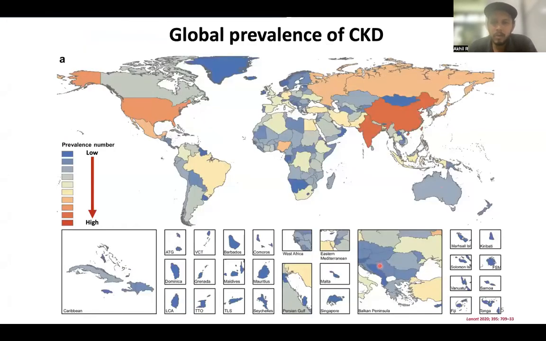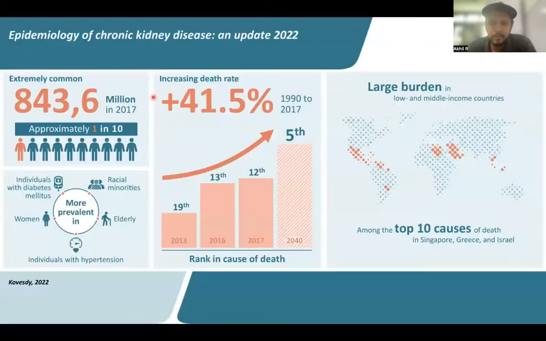And if we see the global prevalence, as we have seen in the previous slide, the countries with more population, including India and China, have suffered from this disease, followed by the United States. In the update of 2022, it is clearly seen that approximately 1 in 10 people are suffering from this illness.